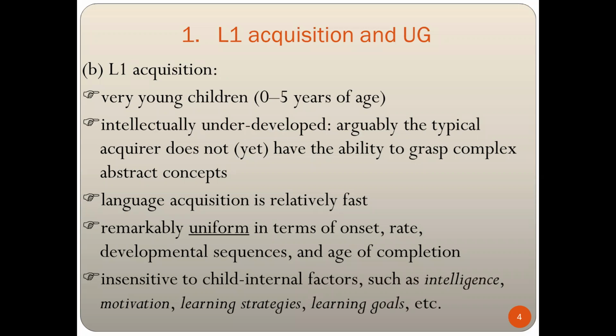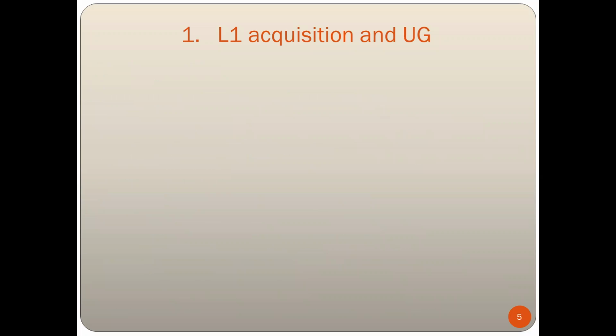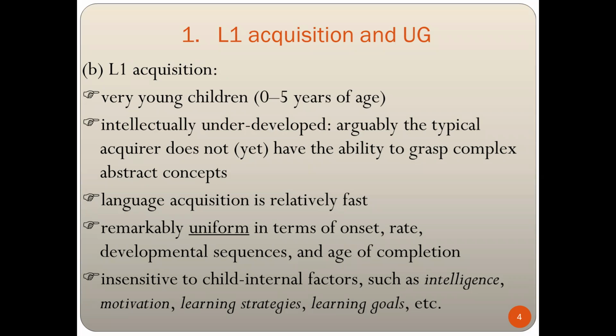Research has also shown us that first language acquisition is insensitive to a variety of social and psychological factors like intelligence, motivation, learning strategies, and learning goals. When you think of children, obviously they don't have conscious learning strategies and learning goals. Motivation is probably not really relevant at this young age, but certainly intelligence is generally a factor.